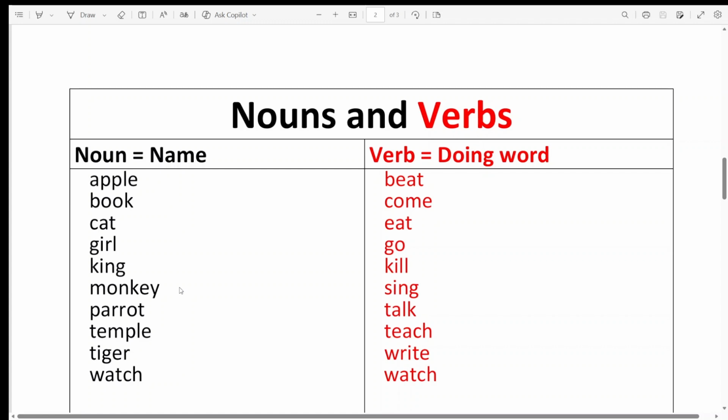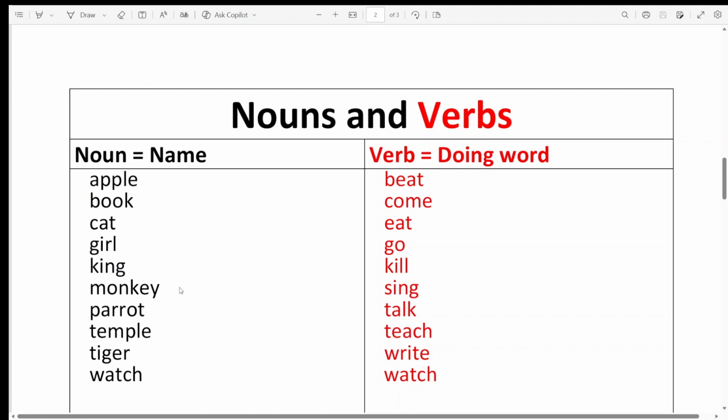Like you are beating somebody and I ask you, what are you doing? Means, what is your doing word there? You say, I am beating. Yes. So beating, that is from beat. Beat is an action word. Means you can say beat is a doing word.